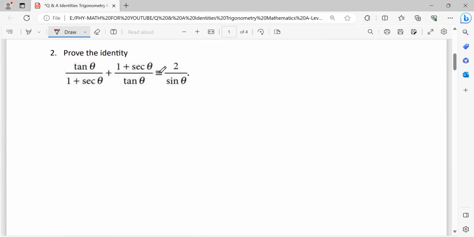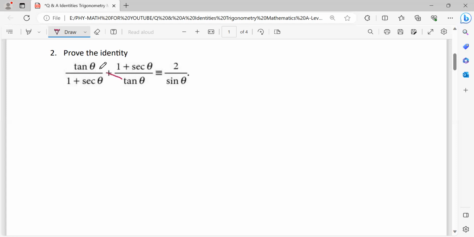theta over tangent theta, is equivalent to 2 over sine theta. To prove that this expression equals this term, we have to start with understanding that tangent equals sine over cosine, and secant equals 1 over cosine.